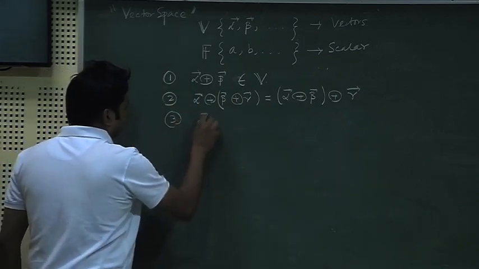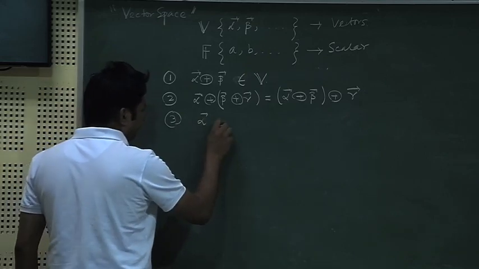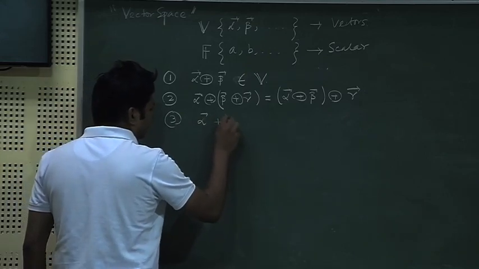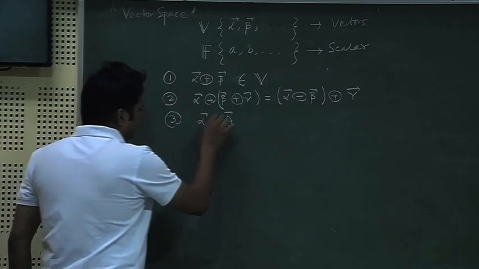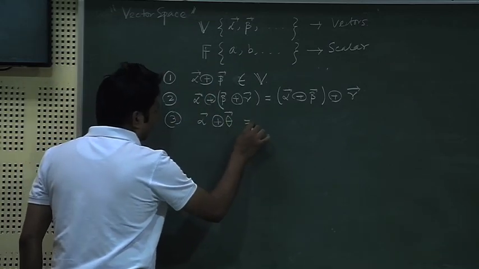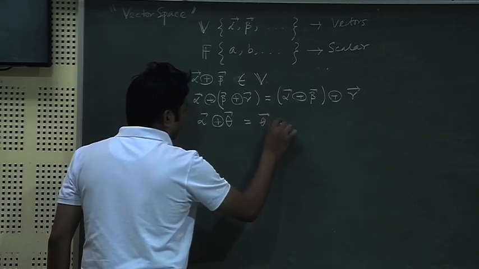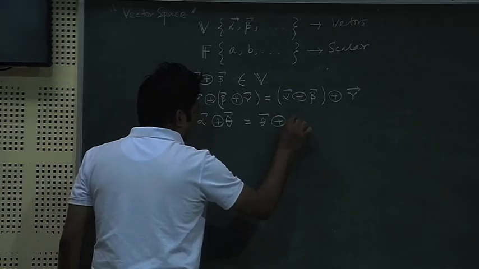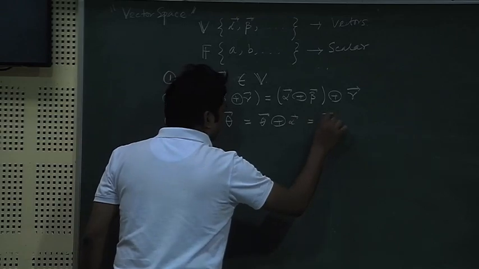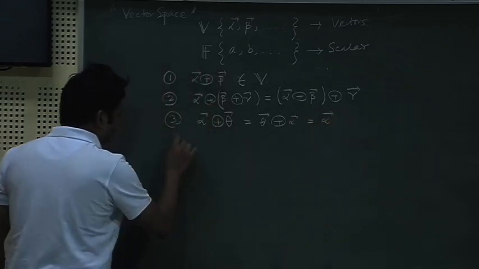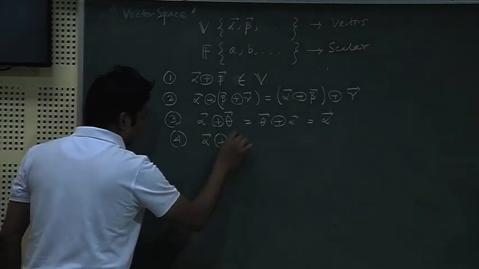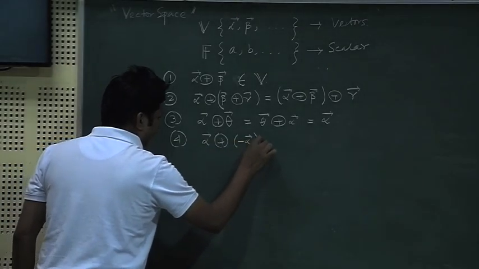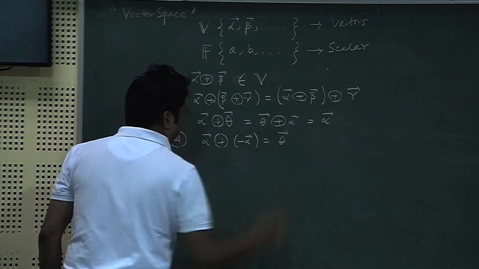Third is alpha plus theta, where theta is some element here. If I add these two things, I will return back alpha. Fourth, I return back theta.